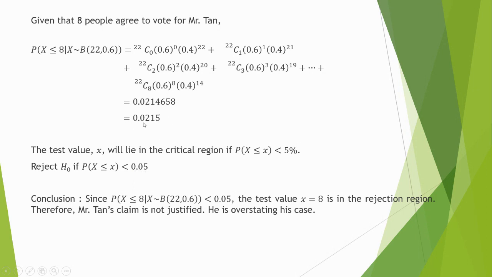Since this one is 0.0215, which is less than 0.05, then we will reject H0.